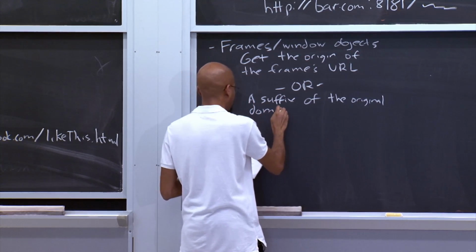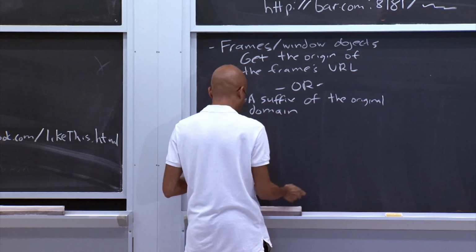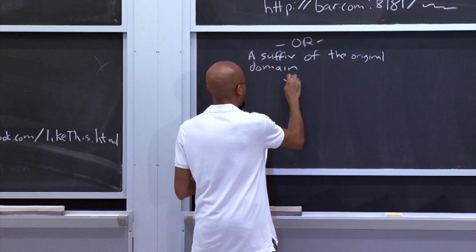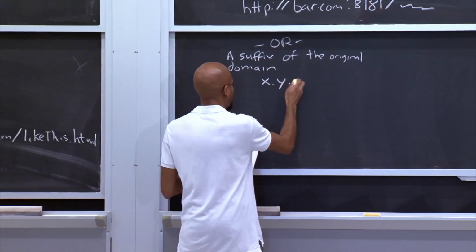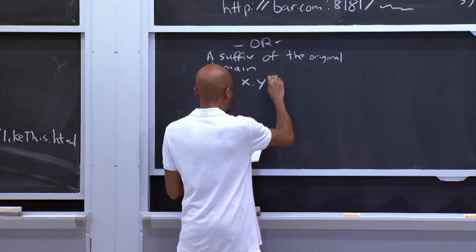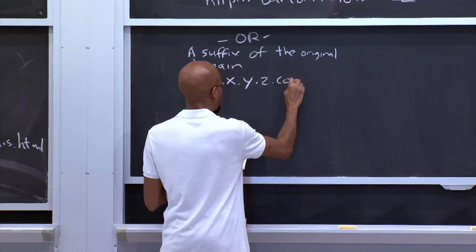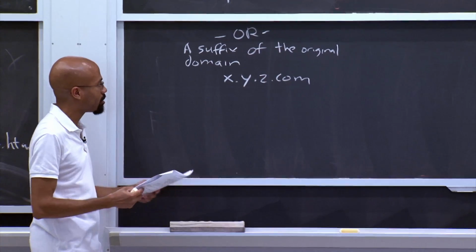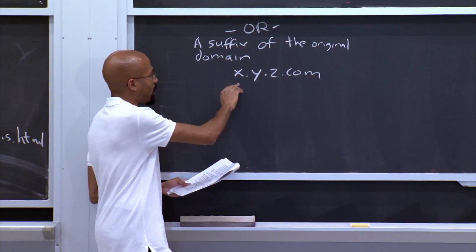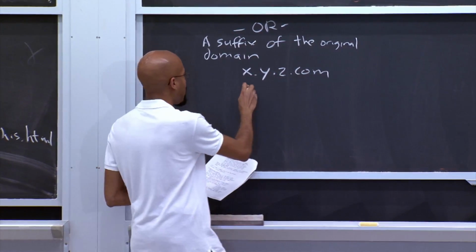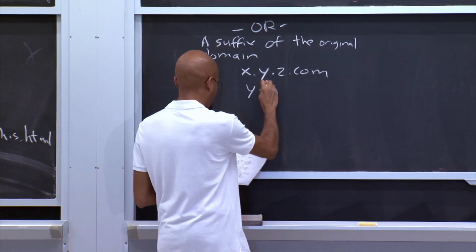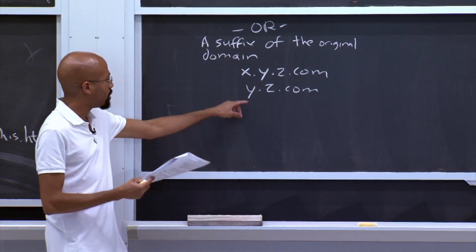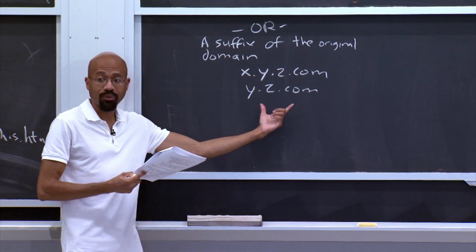So for example, a frame could start off having an initial origin x.y.z.com. Let's ignore the scheme and the protocol for a second. So initially, the page could start off like this. It can then intentionally say, I want to set my origin to be y.z.com, a suffix of that.